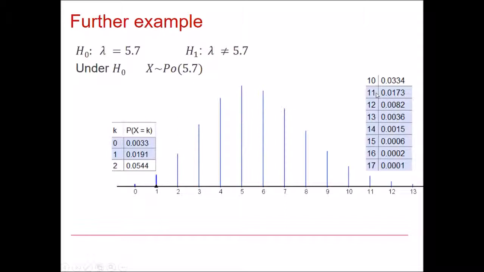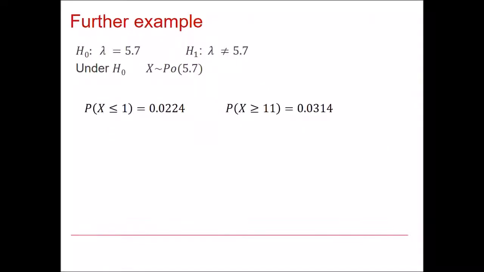I'm looking at the probability of being greater than or equal to 11. If I add those up, that's going to give me a value of less than 5%. But if I was doing greater than or equal to 10, then it ends up being greater than 0.05. So our critical region is both less than or equal to 1 and greater than or equal to 11.